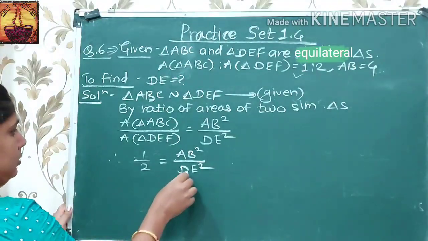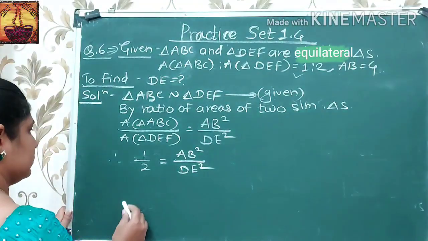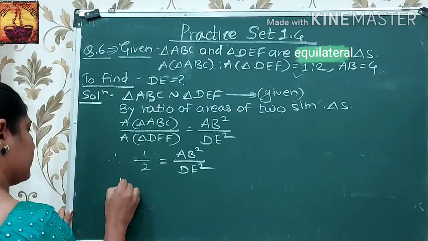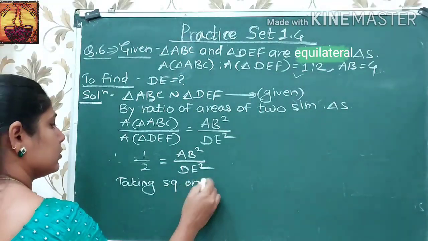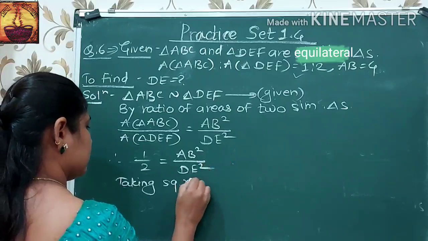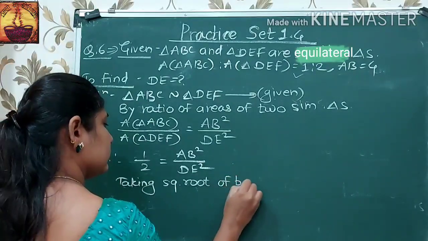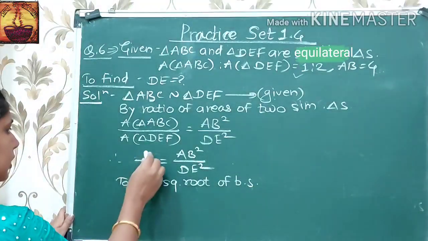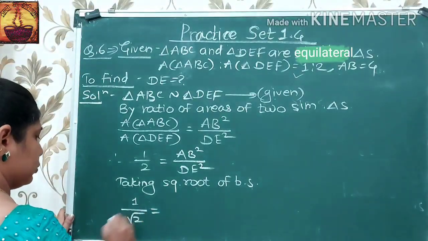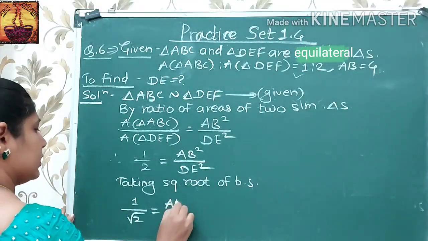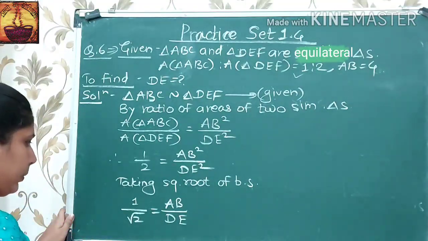Now if we take square root on both sides, 1 is the square root of 1 and root 2 is the square root of 2, so 1 upon root 2 is equal to AB upon DE.